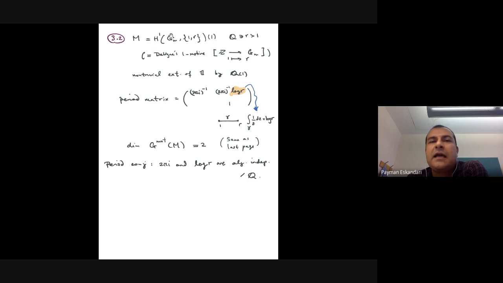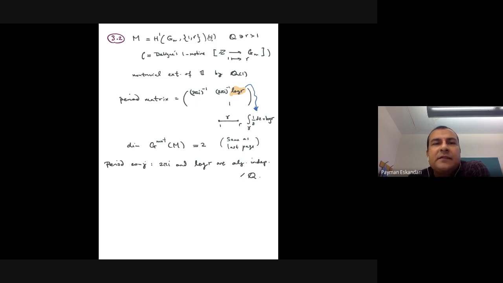H1 of Gm, relative to 1, R, the set where R is a rational number greater than 1. And there's a Tate twist, tensoring with Q1 to make the weights what they should be. And now, you can think of this in terms of the 1-motives too, but these are the non-trivial extensions of 1 by Q1.